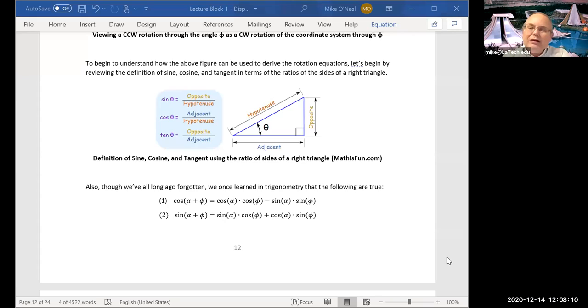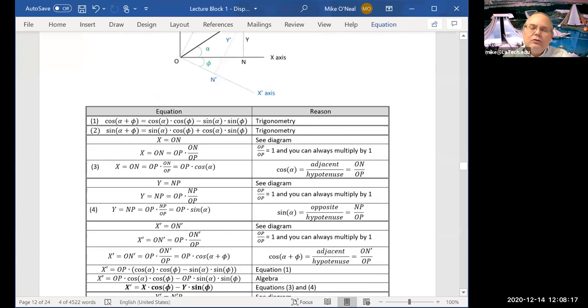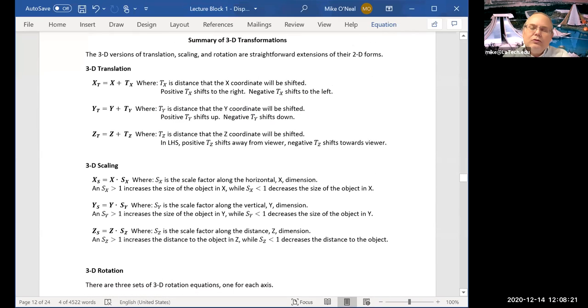So where are we now? Well, now we're pretty much ready to mention the three-dimensional versions of these transformations. We're going to go back and spend more time on the 3D, but I want you guys to get started if you haven't already done so on the assignment.